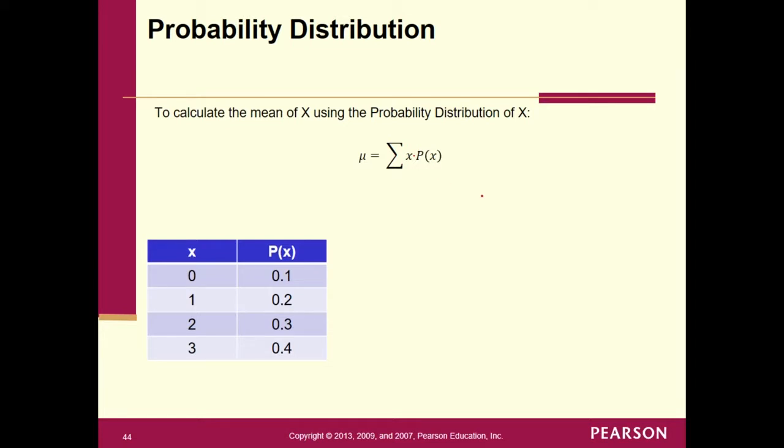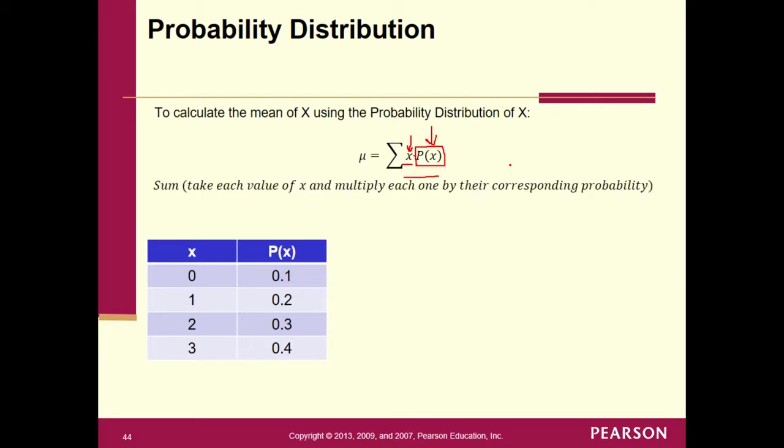There isn't just one x, there are multiple x's. For each one of the x's, we have to multiply it by its corresponding probability. We're literally taking the value of x and multiplying it by its corresponding probability, and we're doing that for each one of the x's.